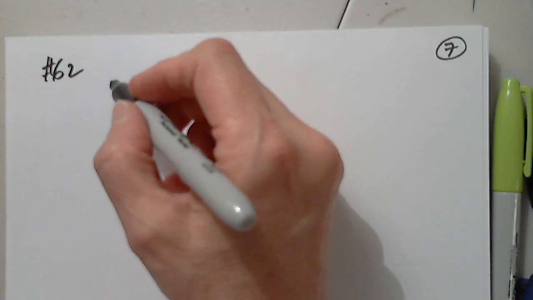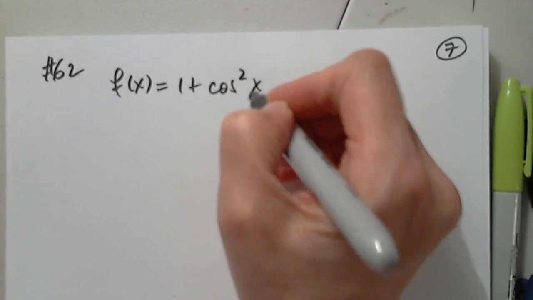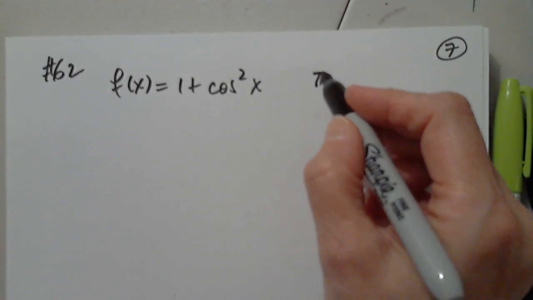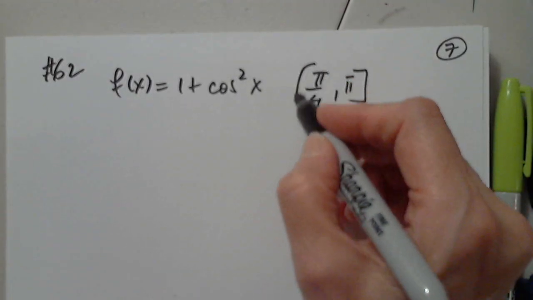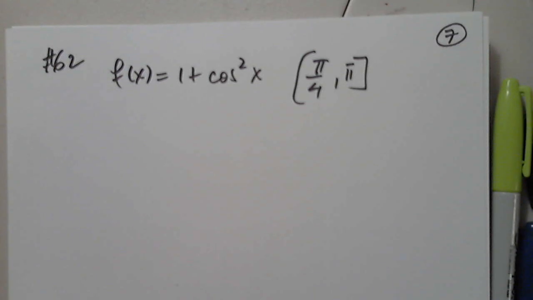Number 62. Okay, 62. Let's take a look. What is 62 all about? Okay. f of x equals 1 plus cosine squared x between pi over 4 and pi. Awesome. Good pick. I changed theta into pi.